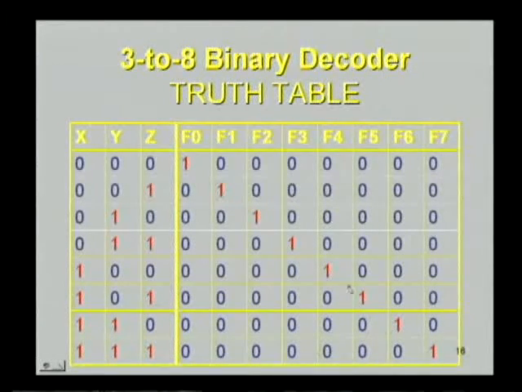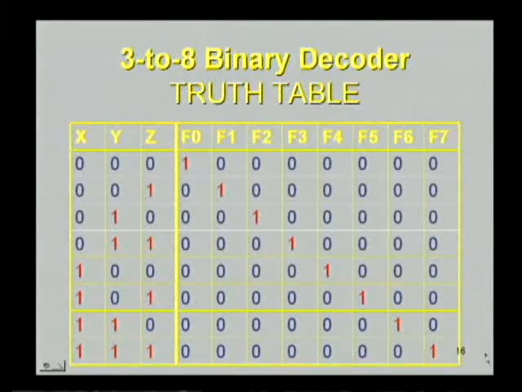For the third combination 0 1 0, F2 will be high and other outputs remain at 0. And for the fourth combination, where X is 0, Y is 1 and Z is 1, F3 will be high and other outputs will be 0.